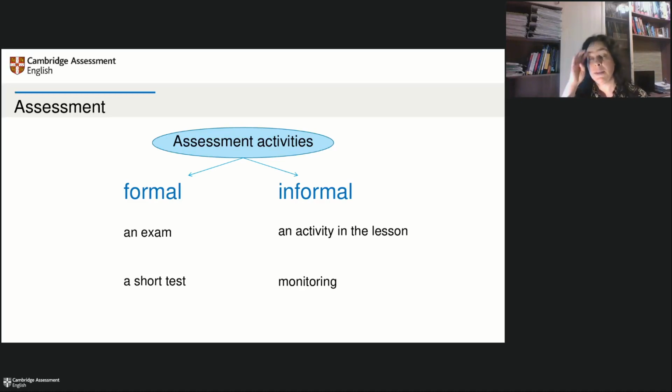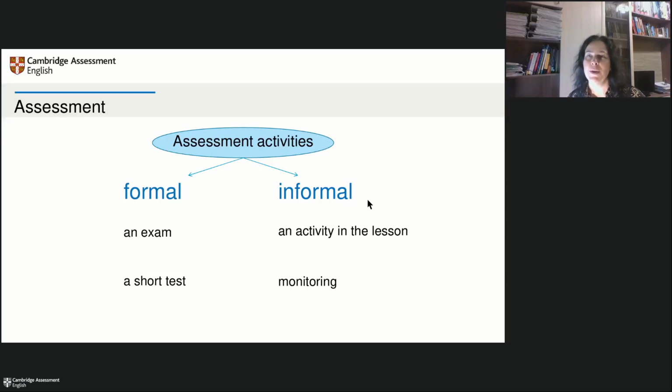But they mainly focus on task types: different types of activities that we can use for formal assessment, and some of the activities that we use for informally assessing our students. Okay, I'm not talking about formative and summative here, just because it's Delta terminology.